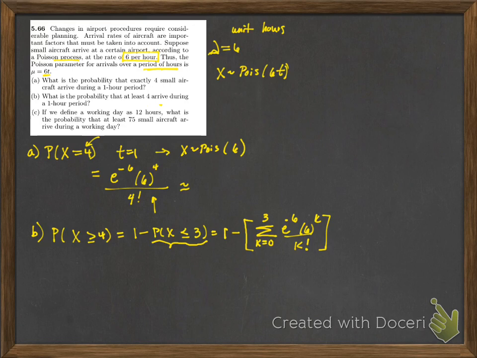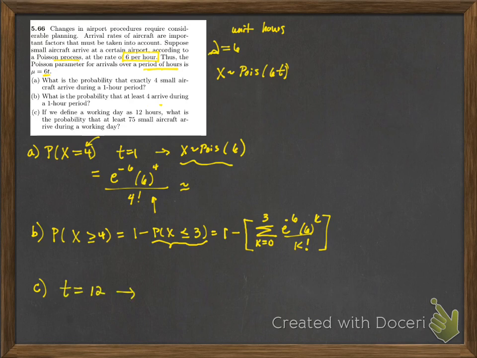Okay, so C is the one that shows us a little bit about the power of lambda t, or how that t actually comes into play. If we define a working day as 12 hours, what is the probability that at least 75 small aircraft arrive during a workday? This is slightly different. Above, t was equal to 1. Here now we have t equal to 12.